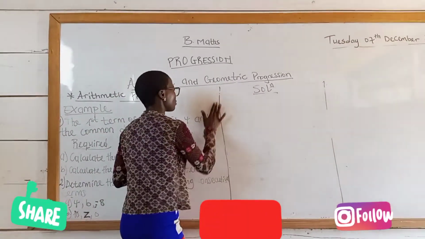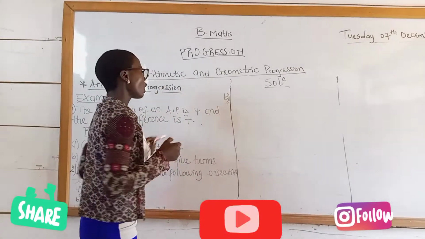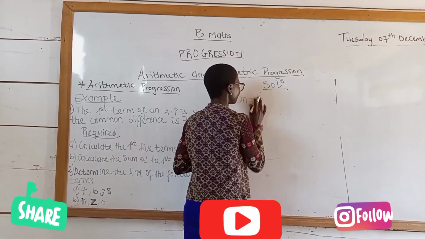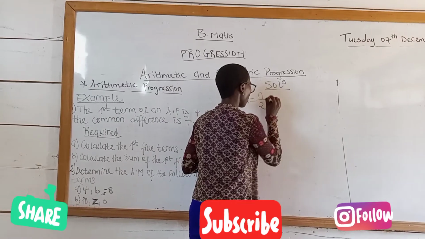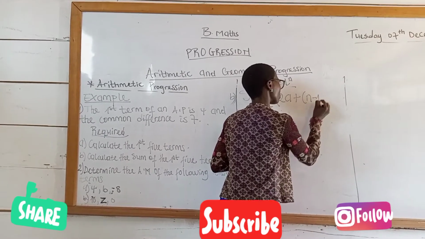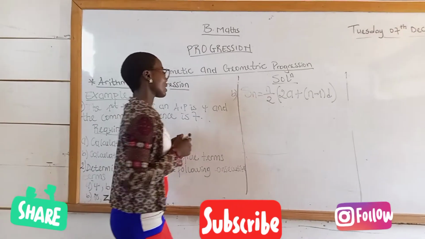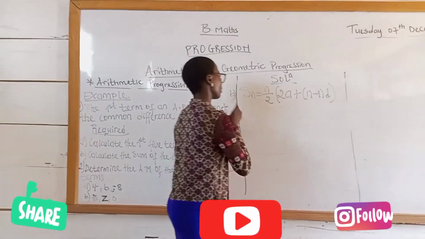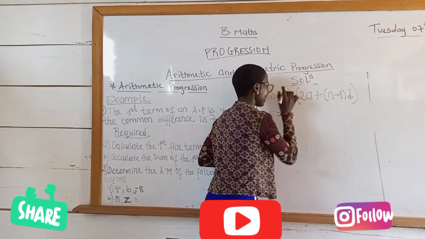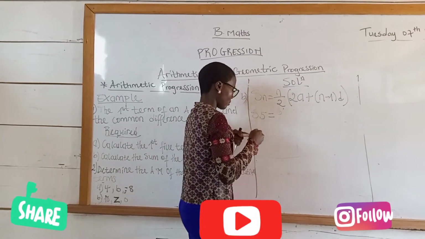For the B part, they say we should calculate the sum of the first five terms. We already know our formula, which is Sn equals n over 2 bracket 2A plus (n minus 1)D close bracket. Let us use this formula. I will say S5 is equal to n over 2, where n is 5, the number of terms they ask to calculate.